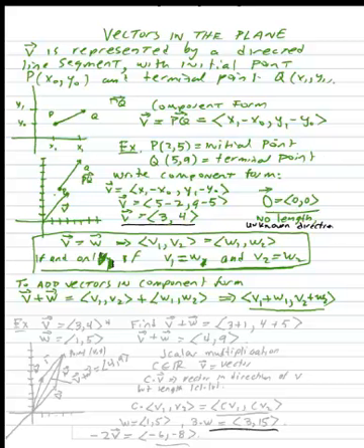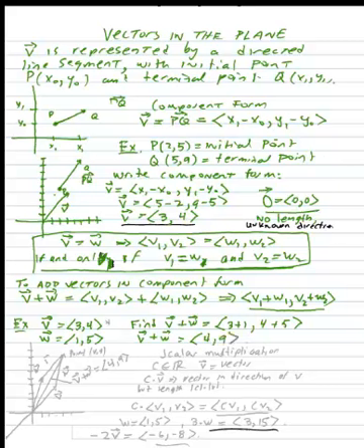So let's take a look at an example here. The question says, let v equal 3, comma 4, and let w equal 1, comma 5. Then we want to find v plus w. Well, according to the component form, we would have 3 plus 1, comma 4 plus 5. So simplifying, v plus w is equal to 4, comma 9 in component form.